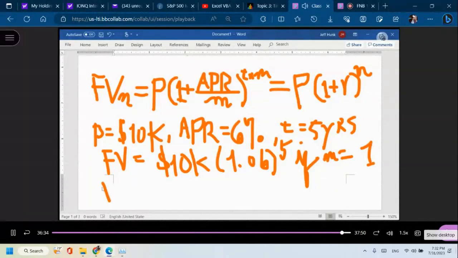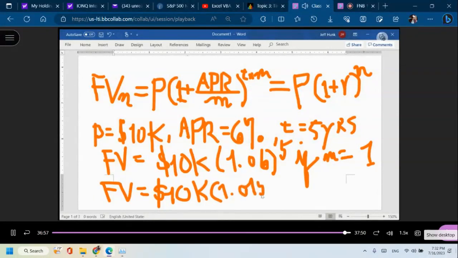But if M is 4, it will be 10K times 1.015, 1.5%, raised to 20.